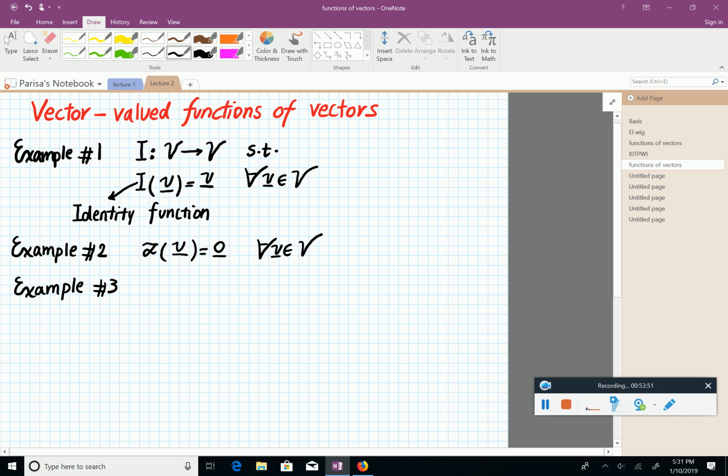Another example is, some of them I'm writing more formally than the others.